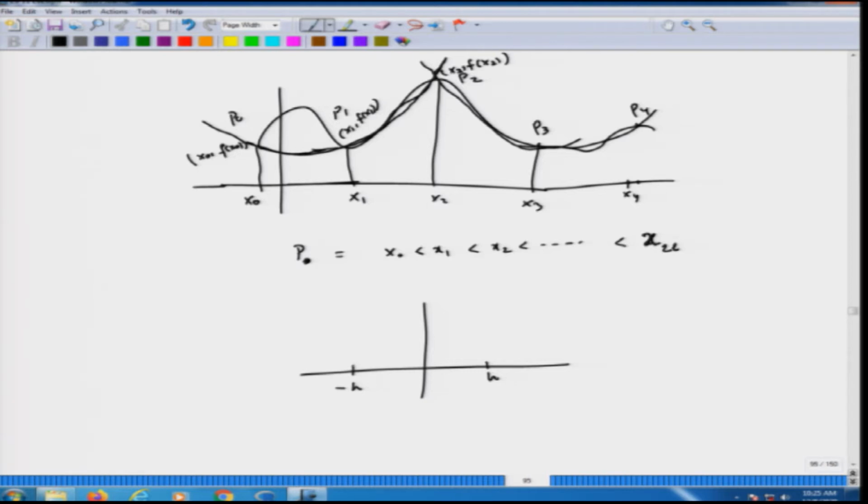So, now suppose we have a parabola something like this, which passes through P naught, that is x naught, f of x naught, which is at minus h, then P 1, and this is x 2 and this is 0.